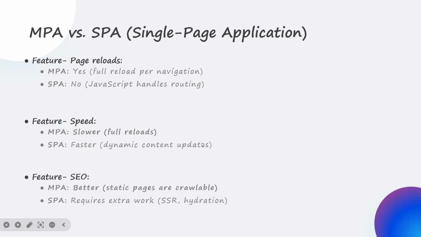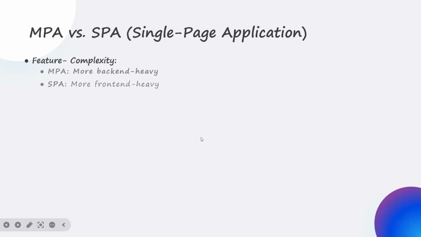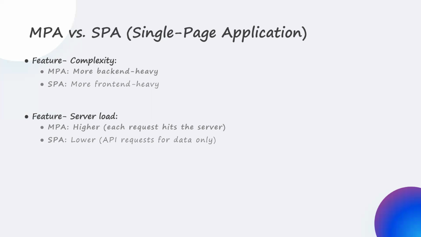When it comes to SEO, multi-page applications are better, but these days, if you use single-page application with Next.js, you can actually achieve the same result. For complexity, multi-page applications are more back-end heavy, single-page applications are more front-end heavy. Server load is higher for multi-page applications and lower for single-page applications.